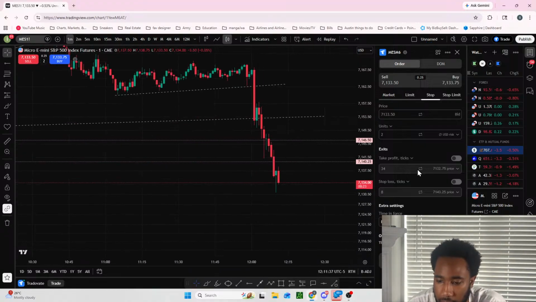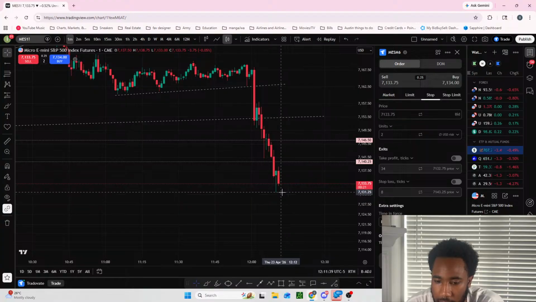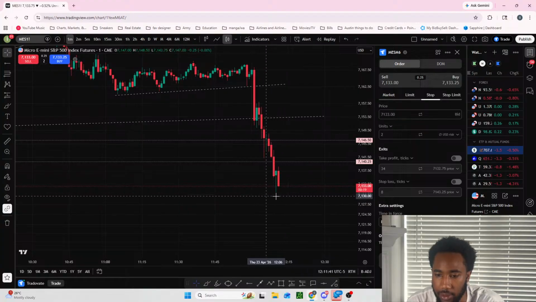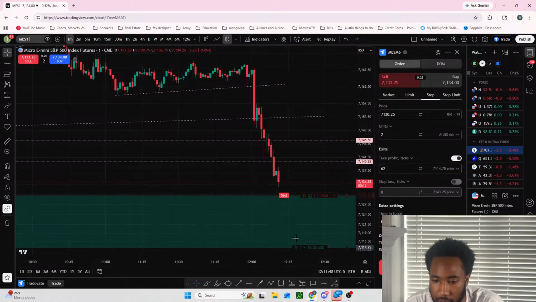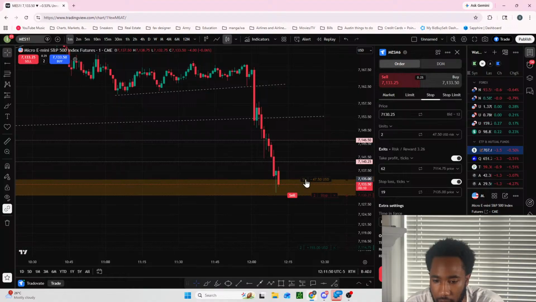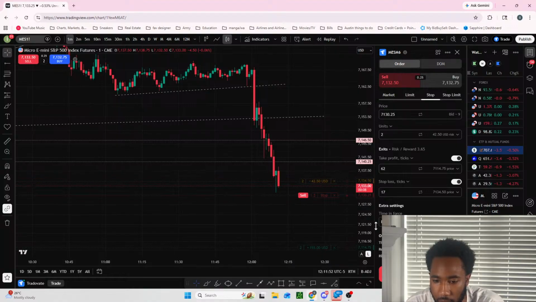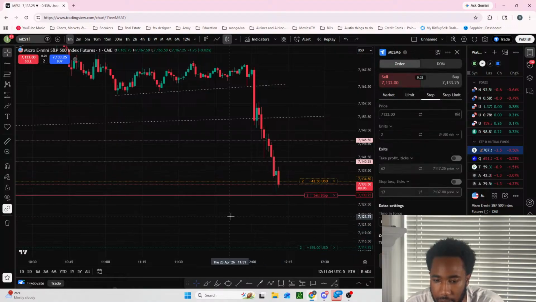So we could basically make the same trade again. This was a stopping point though. Same thing. If it wants to run into it, TP, stop loss, sell.